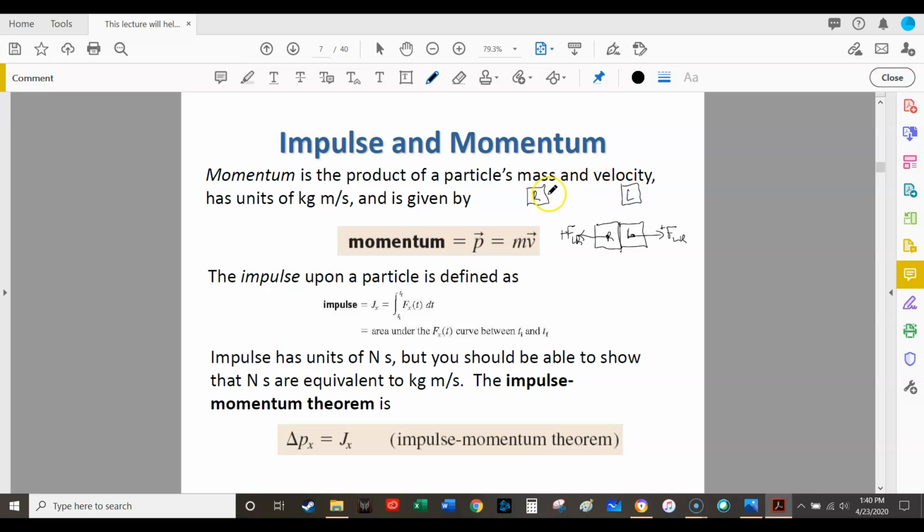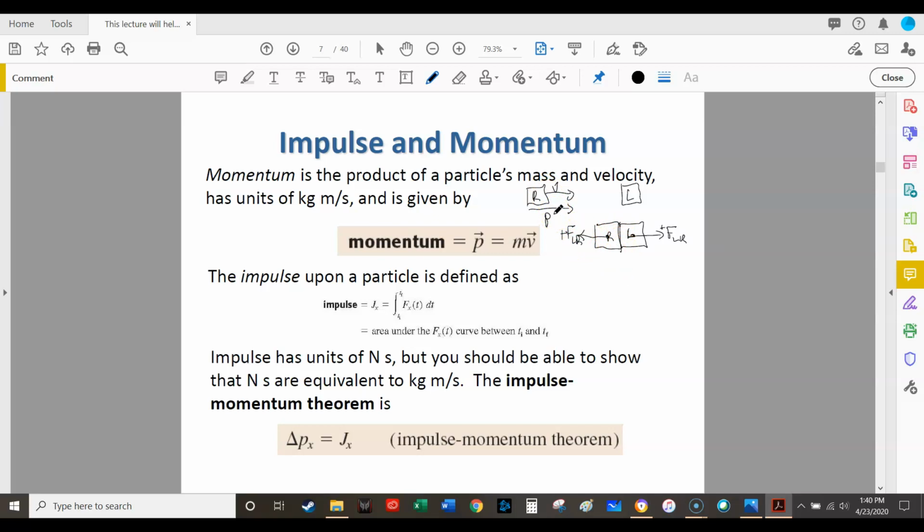Suppose block R has momentum, meaning it's got a velocity vector and a mass, so it has a momentum to the right. The moment these two blocks hit, they are exerting a force on each other.